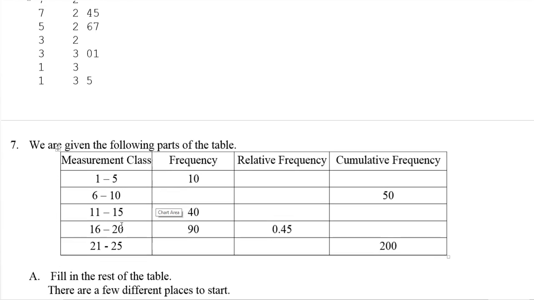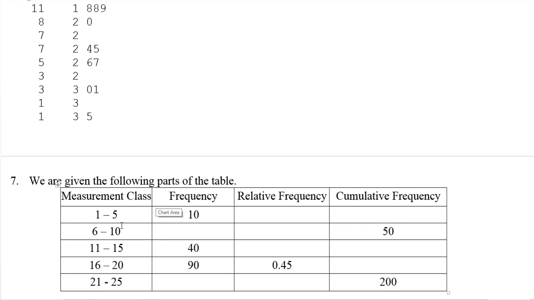Now this is an interesting problem here. We're given part of a table. We're measuring whatever it is we're measuring, and these are your bins here. 1 to 5 is here, 6 to 10 is here, 11 to 15 is here, 16 to 20, 21 to 25, and I've given frequency, relative frequency, and cumulative frequency, but I've only filled out somewhat random parts of the table, and see if from this you could fill out the rest of the table.